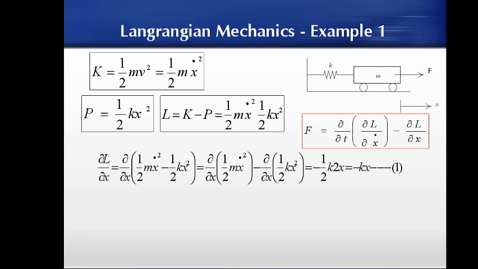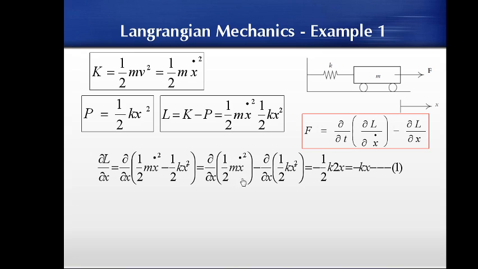Now I need to differentiate with respect to x, so that I will be getting the first term. So ∂L/∂x is equal to ∂/∂x of the L term, that is half m ẋ square minus half k x square. On expanding the ∂/∂x to each of the terms, that is ∂/∂x of half m ẋ square minus ∂/∂x of half k x square.